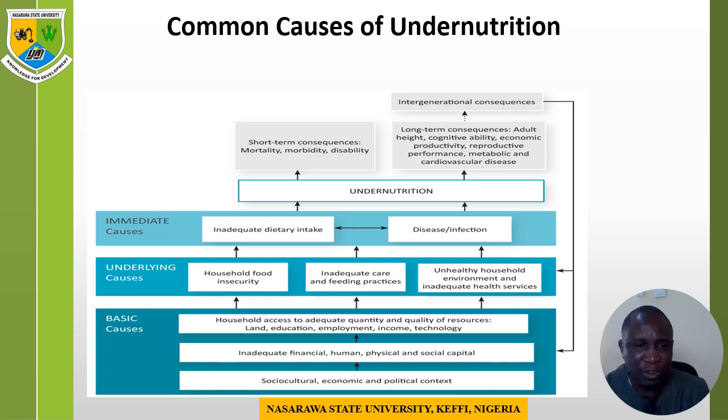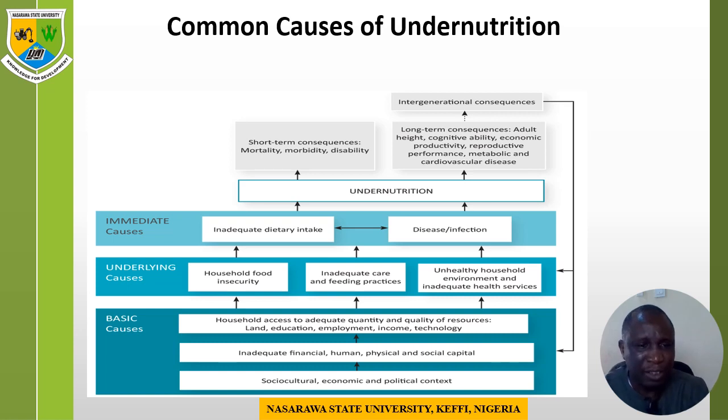Then the second one is underlying causes. The underlying causes have three forms: household food insecurity, when a household has inadequate access to food throughout the season; inadequate care and feeding practices, unhealthy household environment, and inadequate health services. These are underlying causes.